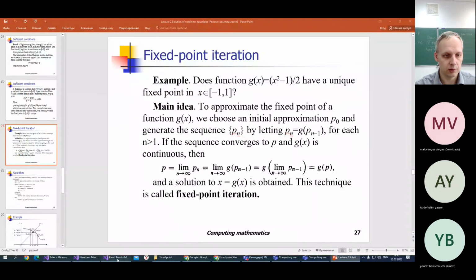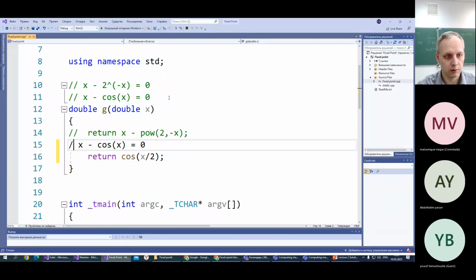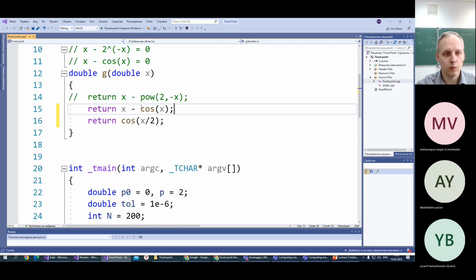Let's look at Visual Studio and the problem. What is the problem?